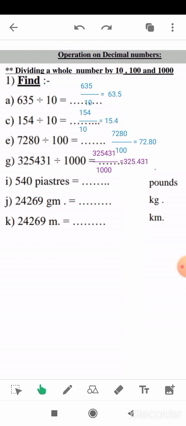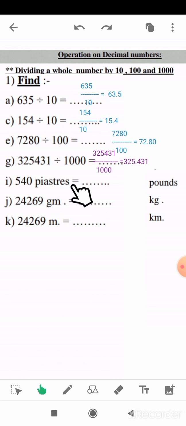Second, we have this number 325,431 divided by 1000. Okay, we make it as a fraction, and 1 will take 0, 3 will take 0, 4 will take 0, and we have here 1, so transfer as a point, and the rest of the number goes down, 325.